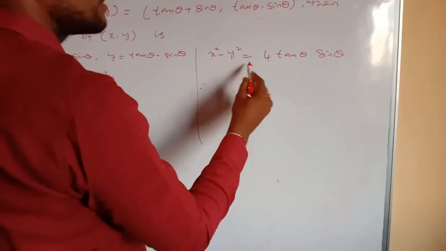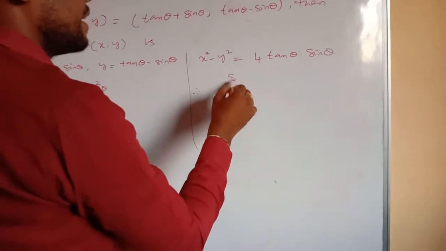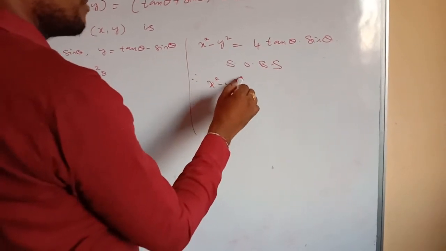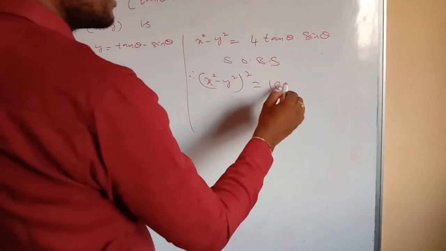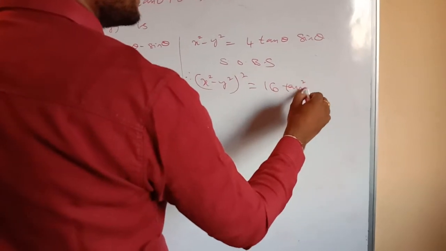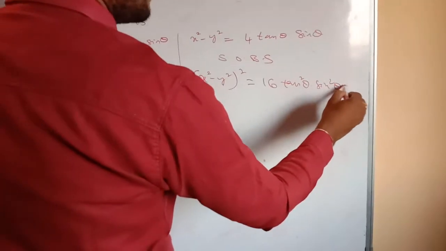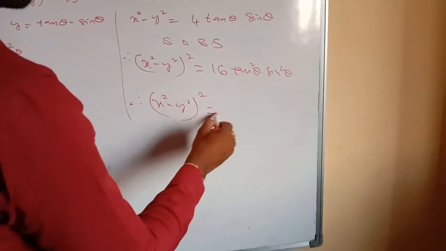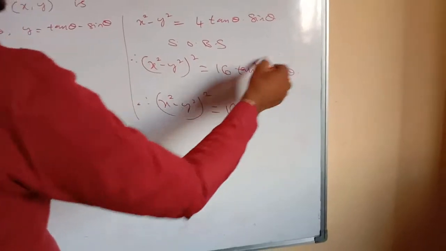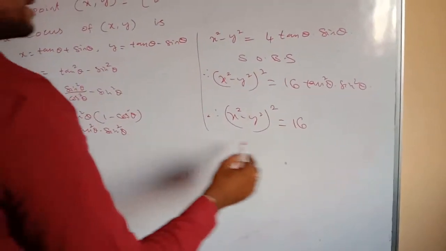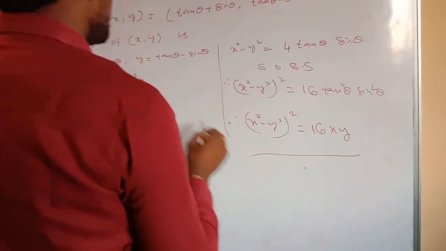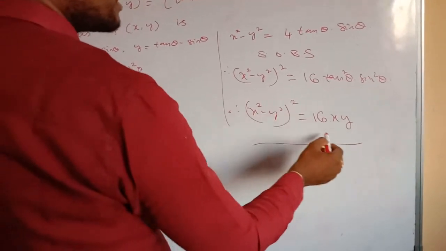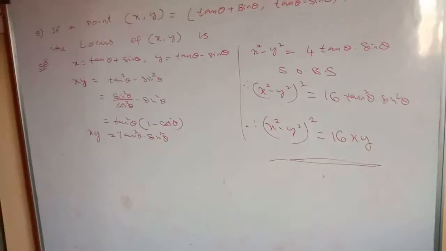This is x square minus y square, whose value is 4 tan theta sin theta, and squaring on both sides, (x square minus y square) whole square is equal to 16 into tan square theta into sin square theta, and this is 16 into tan square theta sin square theta, whose value is xy. Now the locus of (x, y) is (x square minus y square) whole square is equal to 16xy.